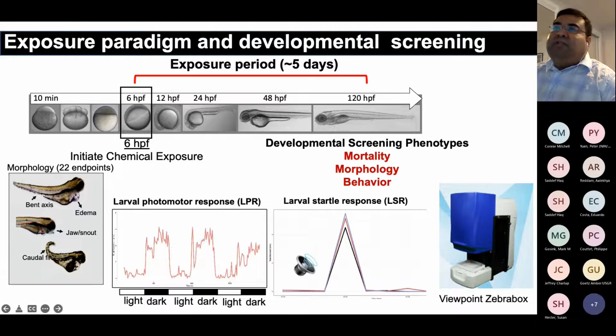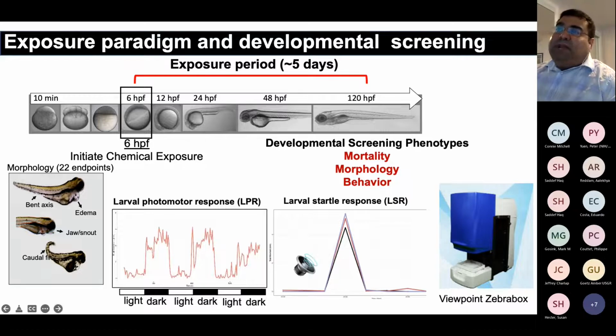We do a range of morphology phenotypes, including 22 endpoints, such as bent axis, edema, jaw and snout defect, or caudal fin defects. And all of these morphology endpoints indicate that a chemical affects biology to some extent. In addition to that, we use this instrument called the Viewpoint Zebra Box to do two kinds of behavioral screening in the larvae.